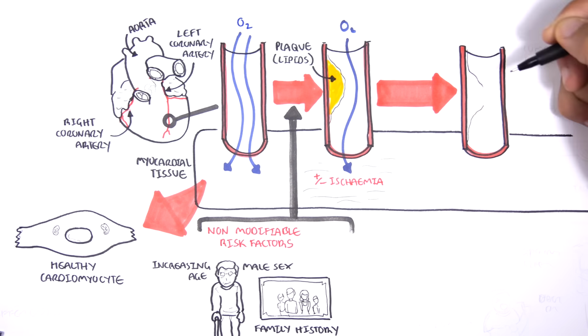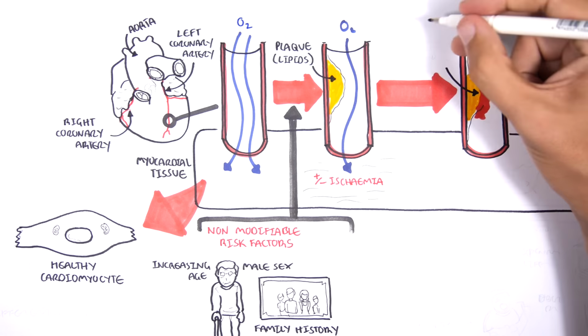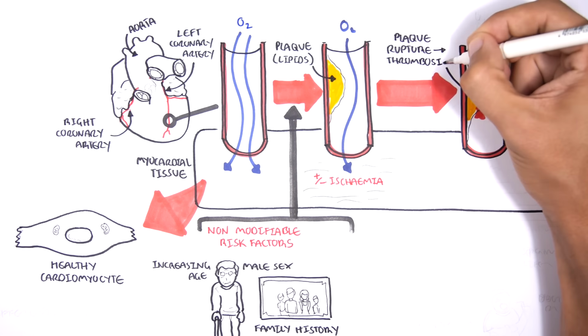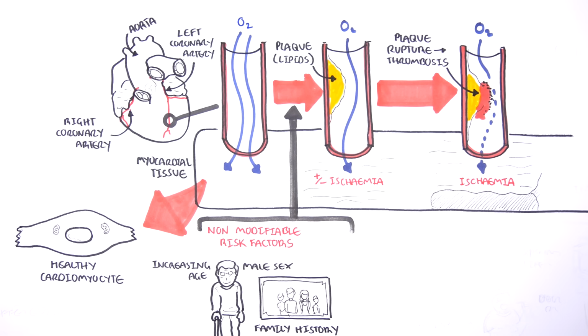But, of course, the plaque can get worse, and it can even rupture, causing thrombosis. But the vessel is not totally occluded here. And this is what we can call a myocardial infarction still. The infarction of the myocardial tissue occurs distally to where that vessel supplies, and so there's ischemia proximally.